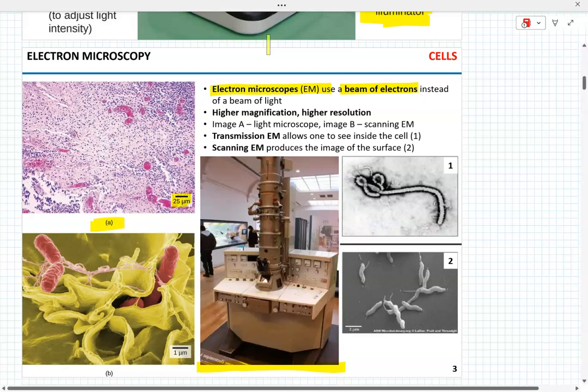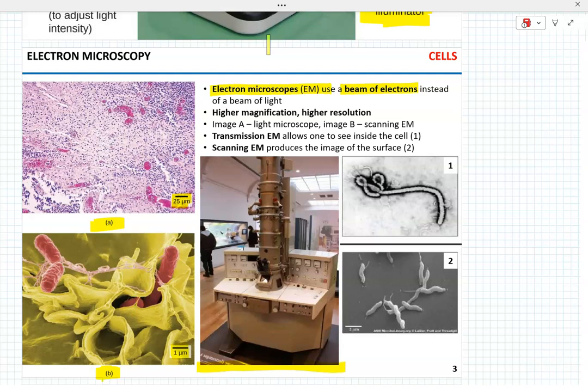And you can see that this unit represents the distance of 25 micrometers. The image B represents the scanning electron micrograph, and the similar sized unit now represents 1 micrometer. So you can see that it produces much greater magnification and much better resolution.